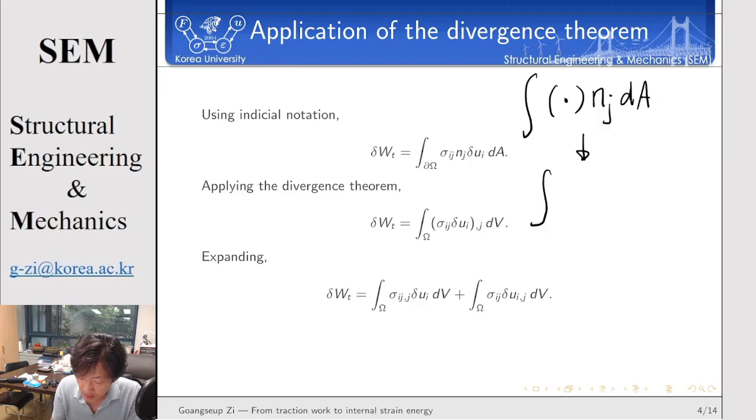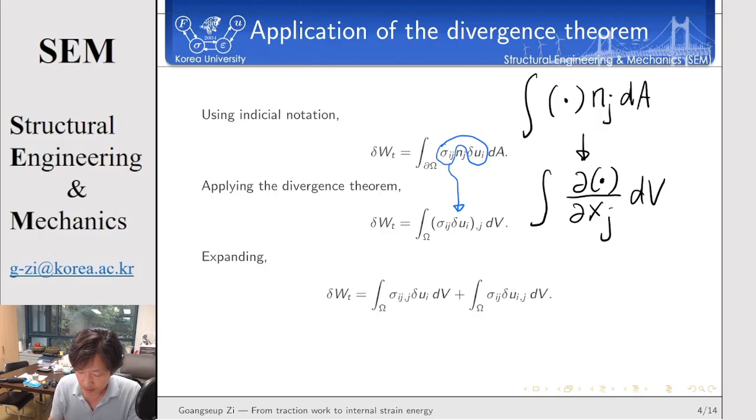Here the integrand becomes a derivative with respect to coordinate, and then it becomes the volume integration. So the integrand in the surface integration is given by this. Instead of writing this, we consider the differentiation with respect to coordinate. Now we have two terms, stress tensor and displacement variation. That's why we have two different terms.